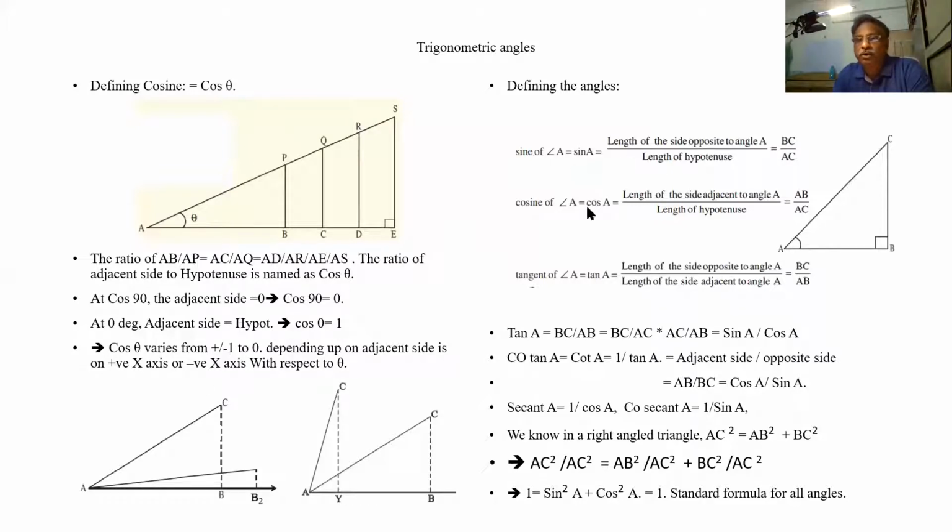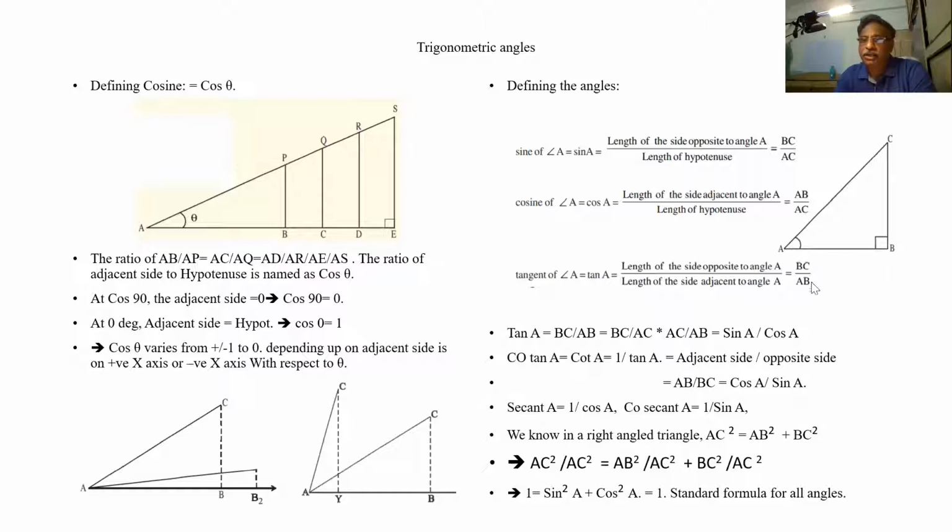Now how have we defined the angles? Sine angle is equal to opposite side by hypotenuse. Cos is adjacent side by hypotenuse. So when I put sine theta by cos theta, what is happening? Opposite side by adjacent side; the hypotenuse gets cancelled out. So opposite side by adjacent side is defined as tan theta, tan A. That is BC by AB.